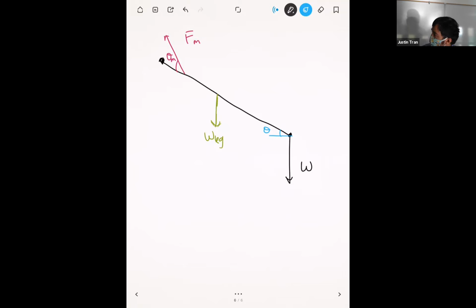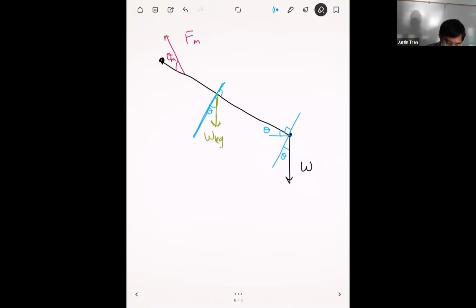Here's another trick that you can use to help you with the trigonometry. One thing you can do is draw a line that's perpendicular to the leg itself. Because we're given angle theta right there, and we drew this line perpendicular to the leg, that angle theta corresponds to this same angle right here.